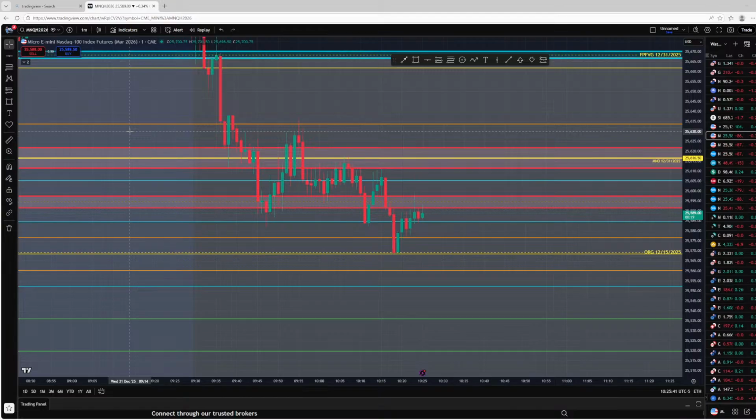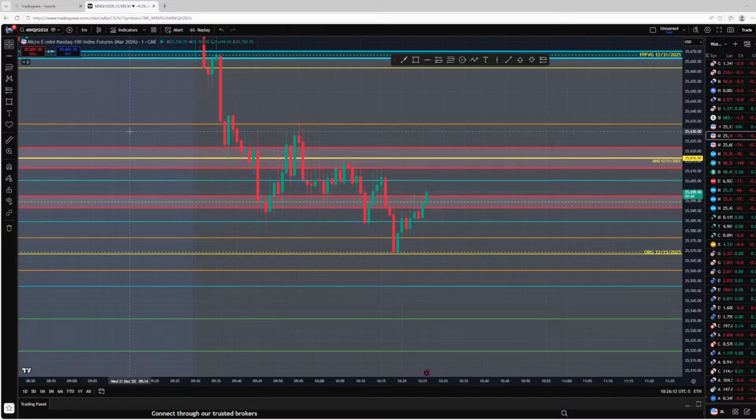It's retesting that 1 hour gap right there. Still don't know if I could take a sell and actually be comfortable though. All right, it's like I want to take a sell, but as soon as I said that, now it's popping up.